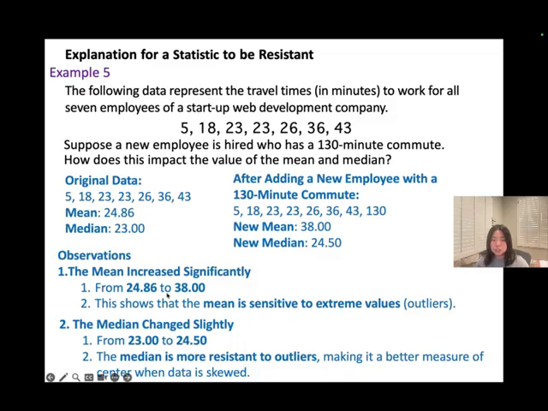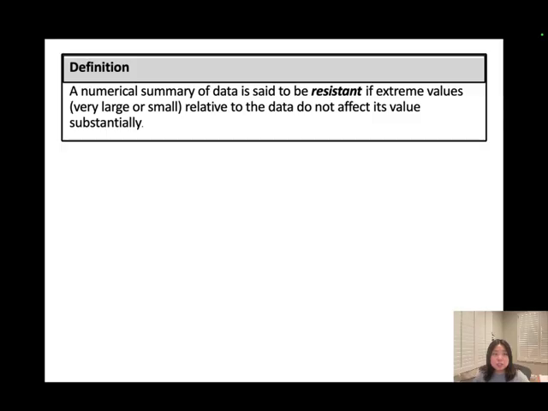So here, I just need you guys to remember it. When you add an outlier here, the mean will increase or decrease significantly. But for the median, it doesn't change much even though you add the outlier. And we call the median more resistant to outliers. Definition.